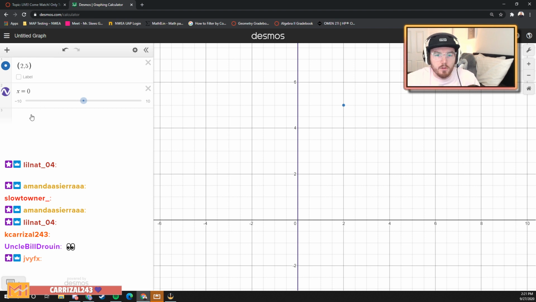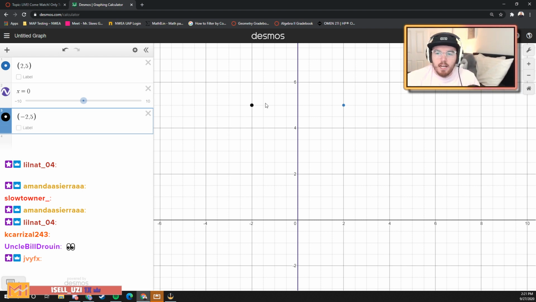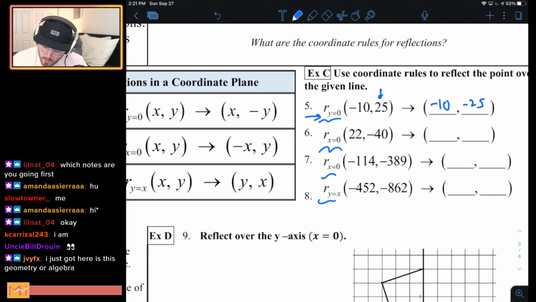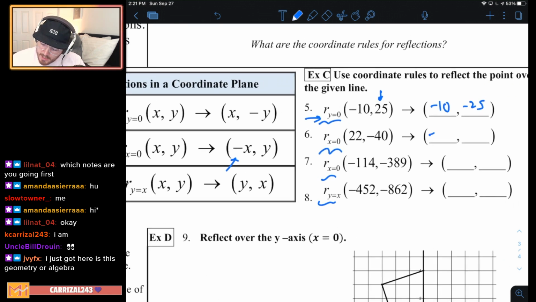The y value is staying the same, but the x value has now been flipped as we move that across, okay? So that's why the rule is change the x value. So now it's going to be at negative 22, but the y value is still the same. This is another vertical axis. So once again, the x value flips, but the y value stays the same.